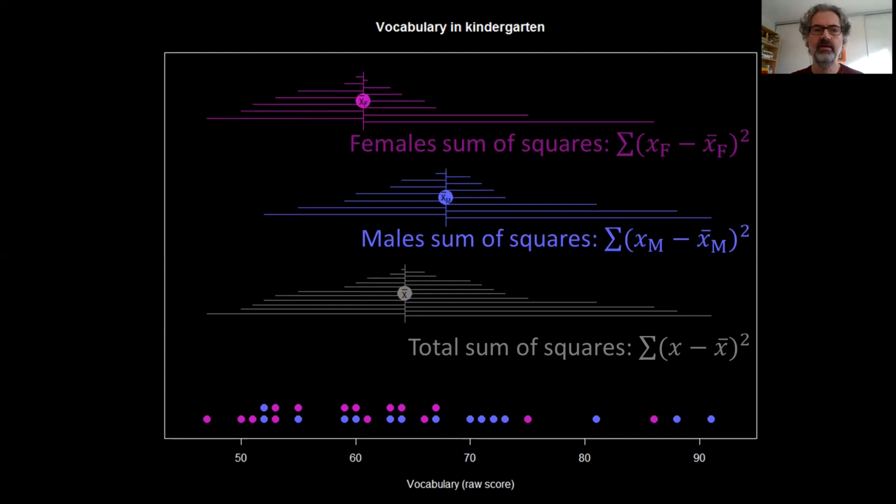We can think of the difference between the means as the portion of variability in the data that is accounted for by the grouping. So how much of the total variability in our data is actually accounted for by taking the independent variable into consideration? That's how much.